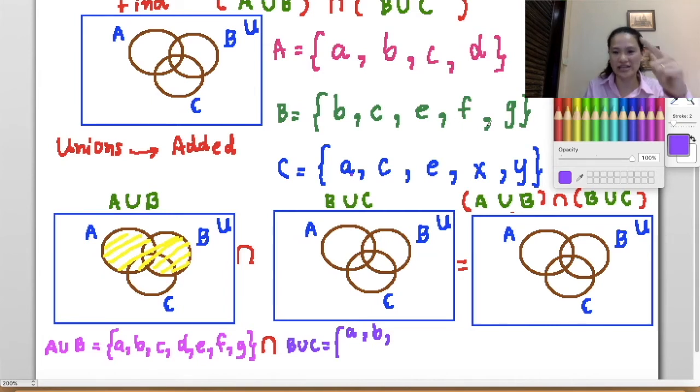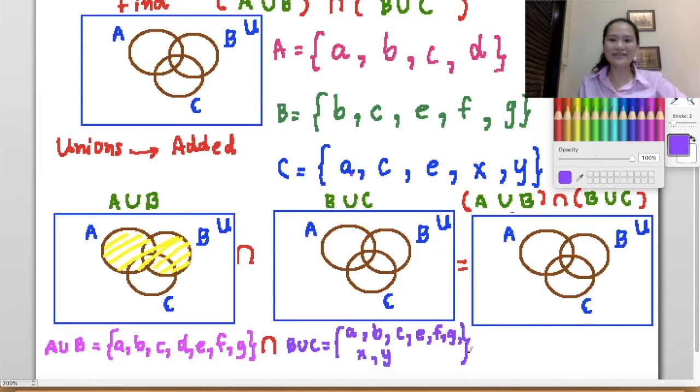Okay, here, what does this look like for B union C? It looks like this.